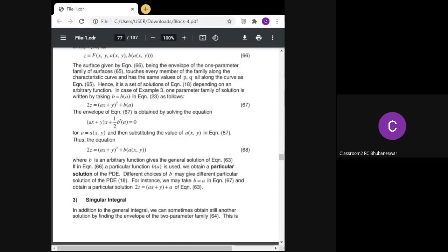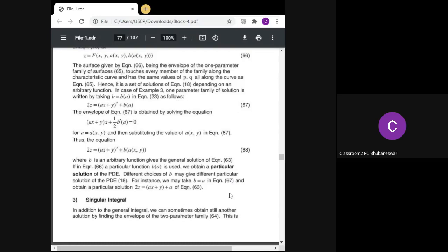Now the next one is the particular solution. Whenever we are able to assign some particular value in place of the arbitrary constants or parameters, or in place of the arbitrary function b, then that kind of solution is known as a particular solution to the partial differential equation of first order.